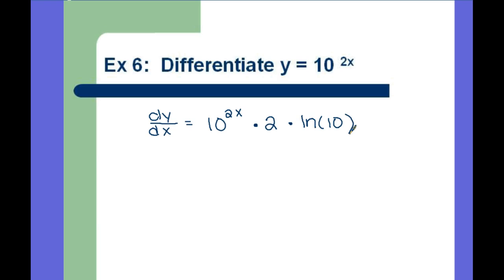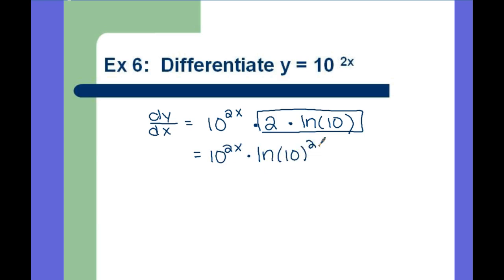Oh, you're right. Wait, do you leave it like that? Is that how we're leaving it? Josh really likes to simplify things, right? What can you do to 2 ln of 10? It's ln 10 squared. Is that really simplifying though? No, that's not simplifying.